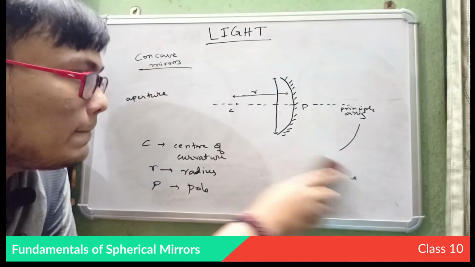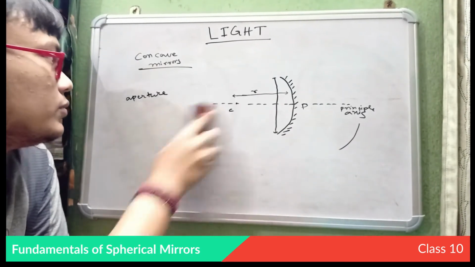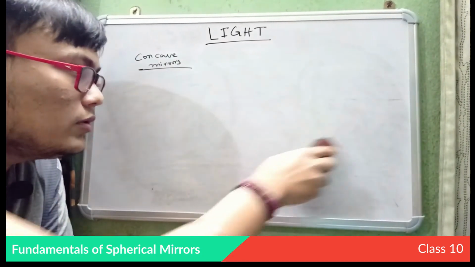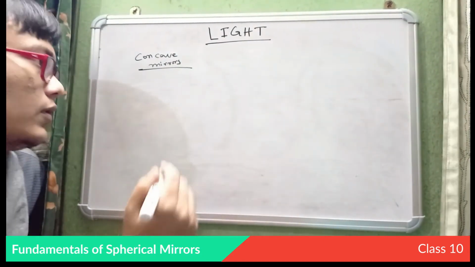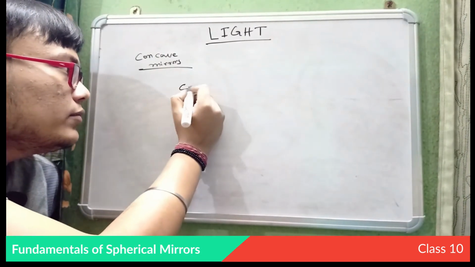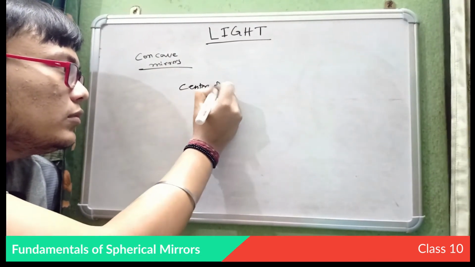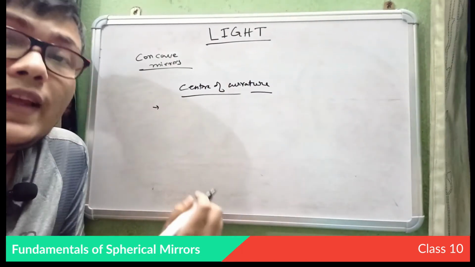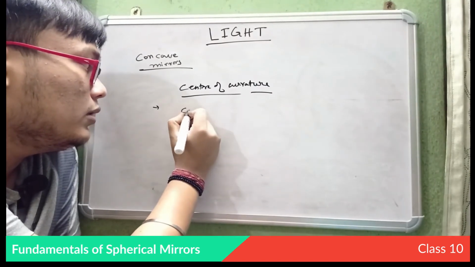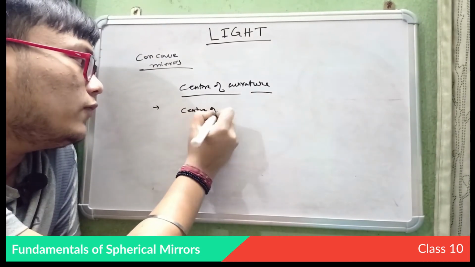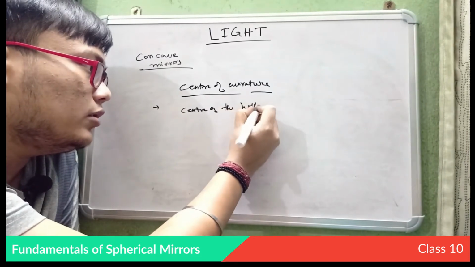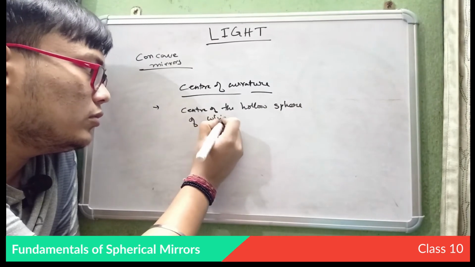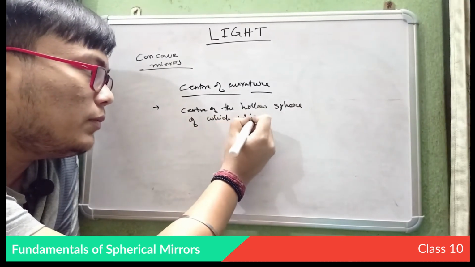Now if I remove these things, the center of curvature C is nothing but the center of the hollow sphere of which the mirror was a part.